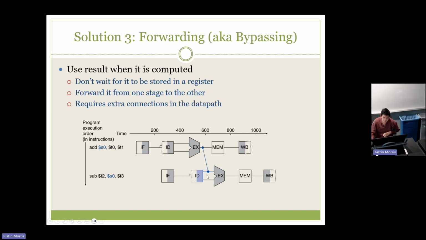So what are we going to add to our data path in order to support this? What am I doing here essentially? You're checking if registers are the same. Yeah, but in terms of what is being input into the first operand. The results of the ALU from the execute. So I'm making a choice.